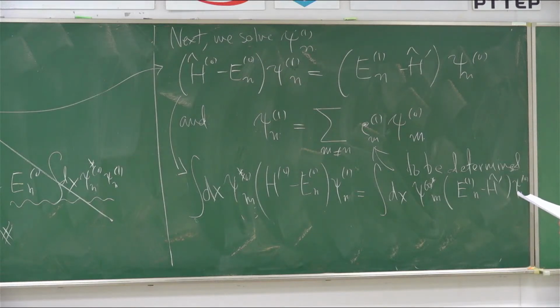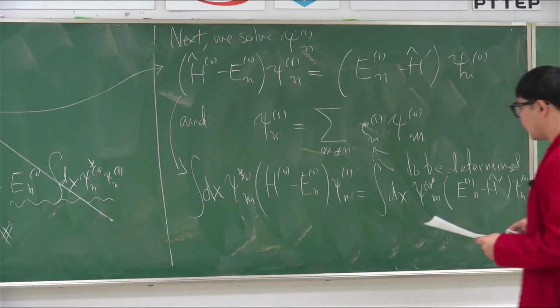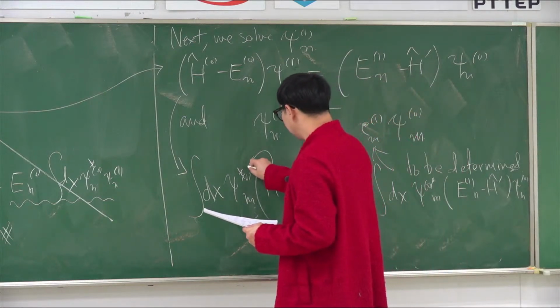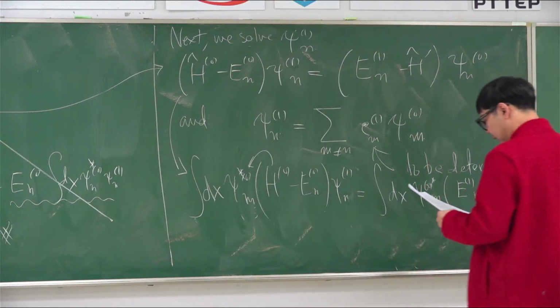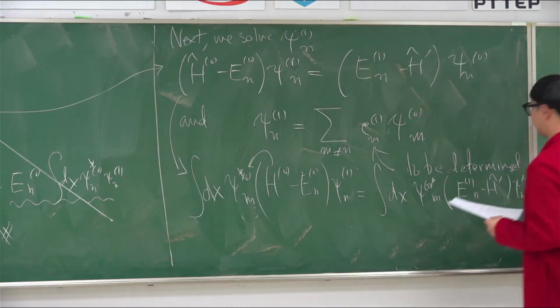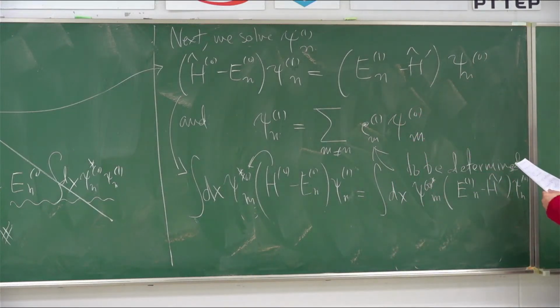And so you act this, right, you will get E0M. So what you have is E0M, 0M, M, N, okay? From the left hand side.